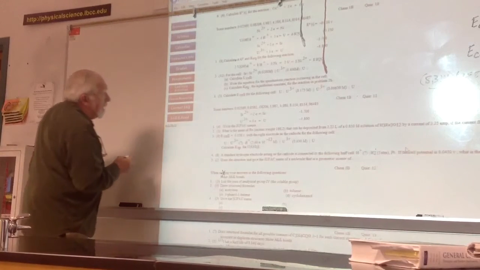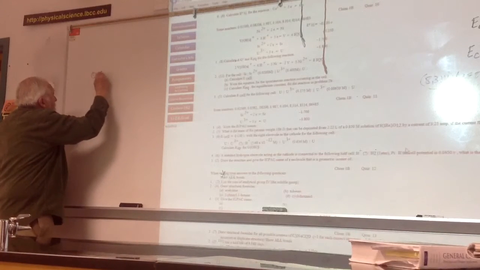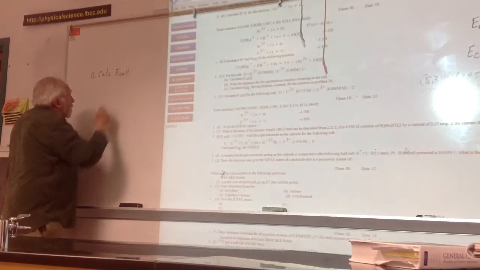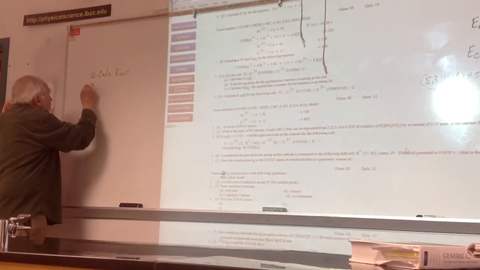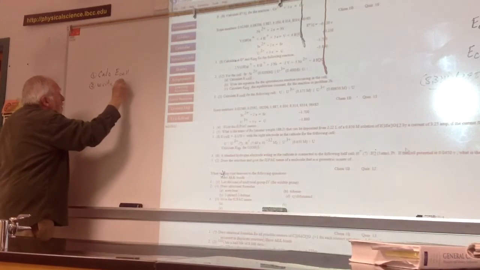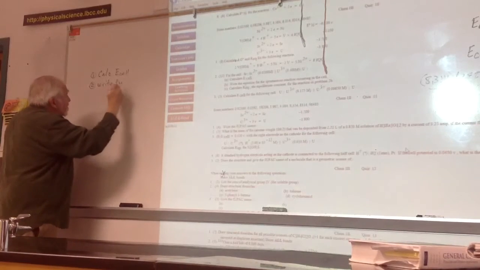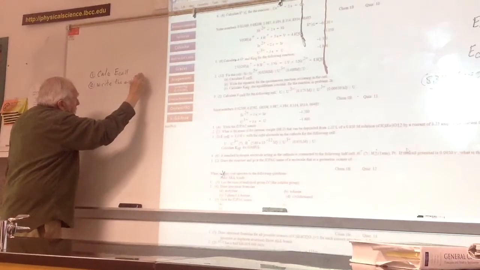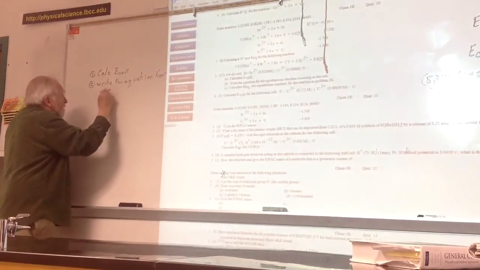It says calculate Ecell and how you put with that. Well, not always. I did in this case, obviously. Write the equation for spontaneous reaction.